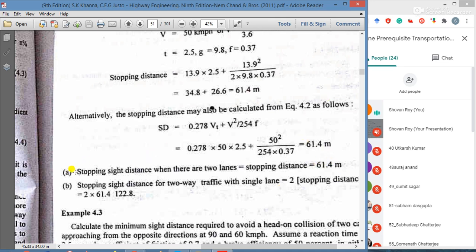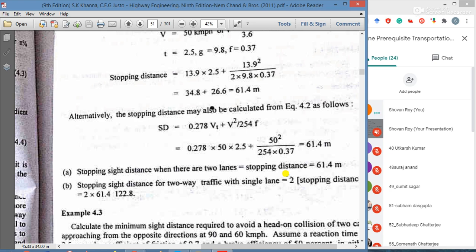Now condition A, stopping sight distance when there are two lanes. That means the simple stopping distance, because the divider is present. When a divider is present, the distance required for stopping the vehicle is less.